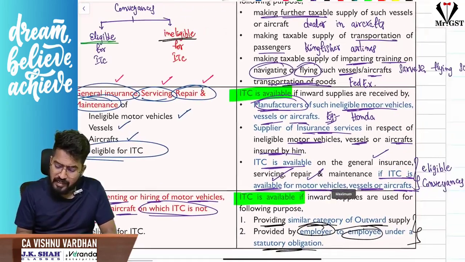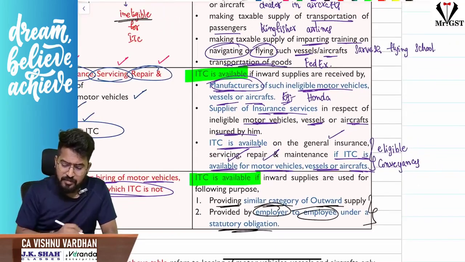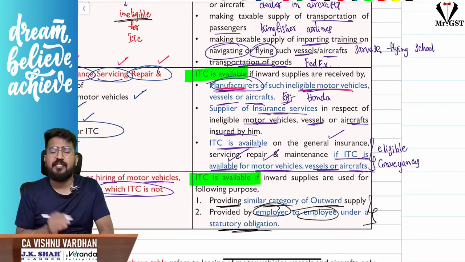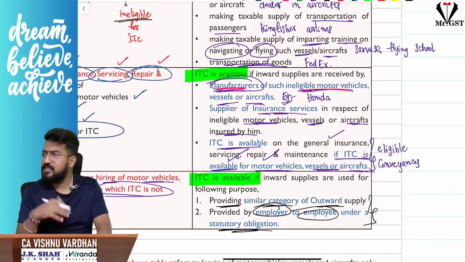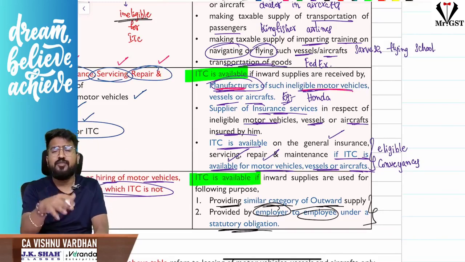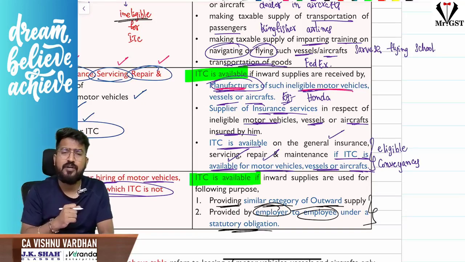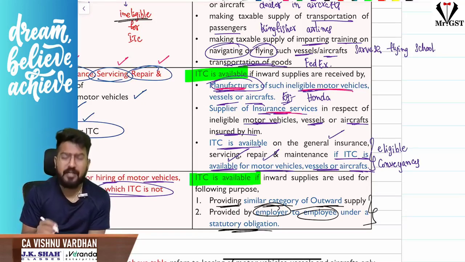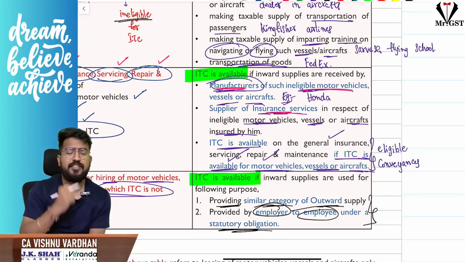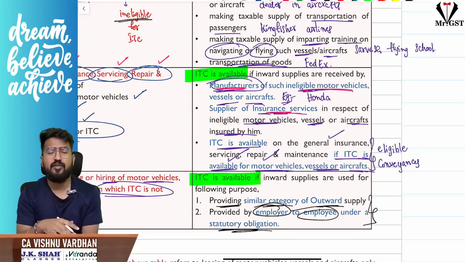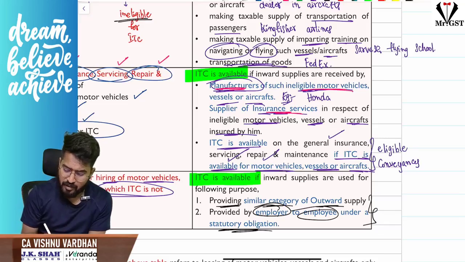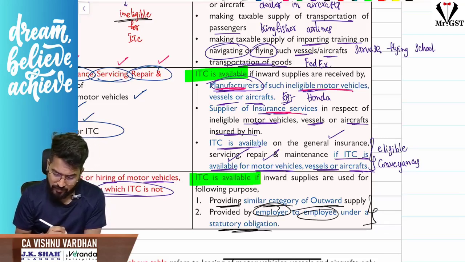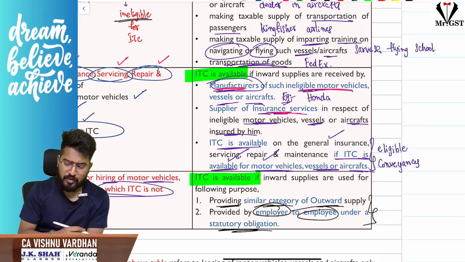Now there are certain exceptions here. If you are a manufacturer of those ineligible motor vehicles, suppose Honda company is there. Honda company is taking general insurance or servicing, repairs and maintenance on the stock Honda cars, they can take ITC. Or if I have an insurance company taking general insurance on these vehicles, repairs or servicing on those vehicles, yes, I can take ITC. So what are the exceptions here?